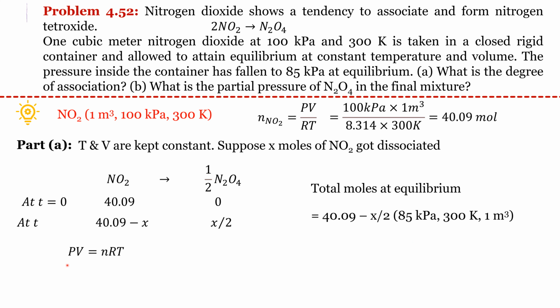Now using the ideal gas equation, we can write PV equal to nRT.